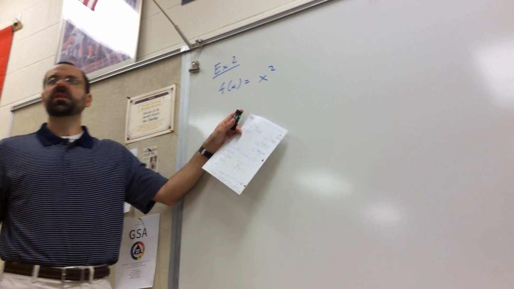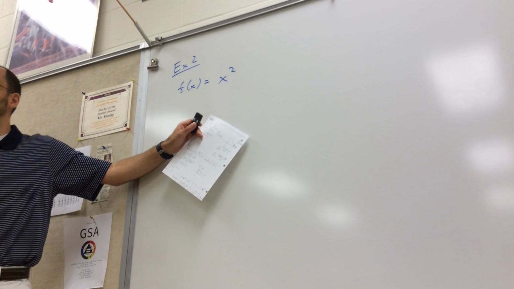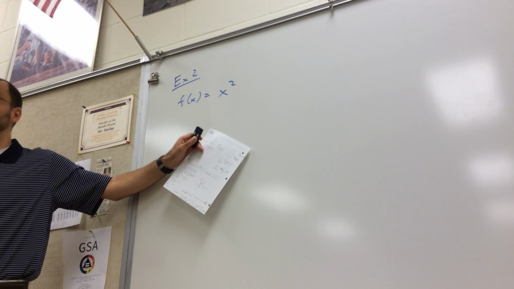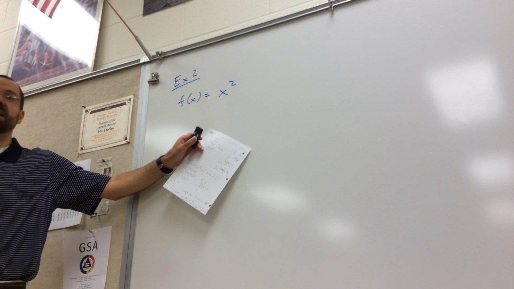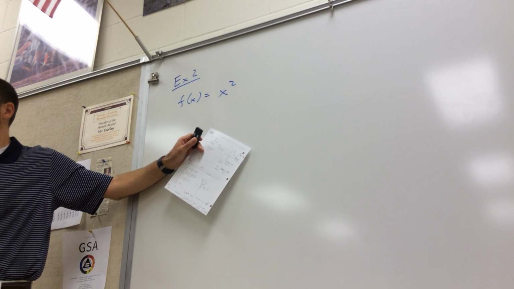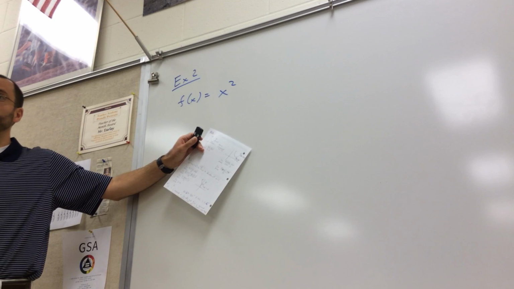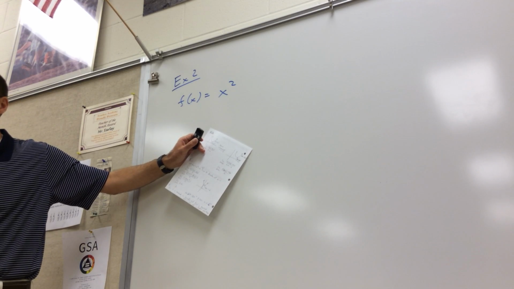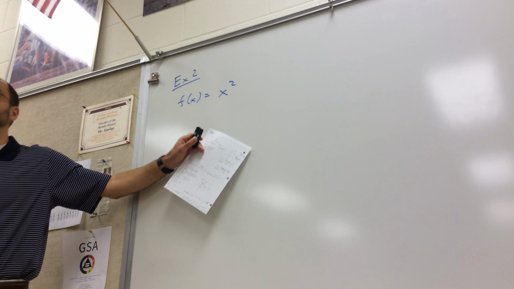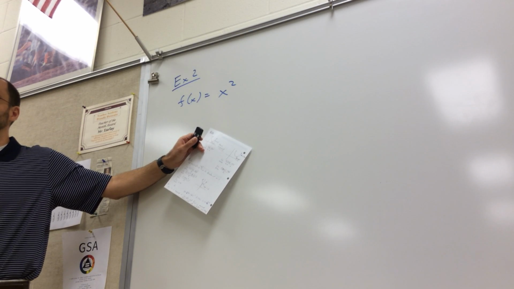And let's say there was a part A that said find the slope of the curve at 1. So then we do that whole process that we just did with 1. And then there was a part B that said find the slope of the curve at 3. And so then we had to do that whole process with 3. And then there was a part C that said find the slope of the curve at -5. So then we'd have to do that whole process at -5.